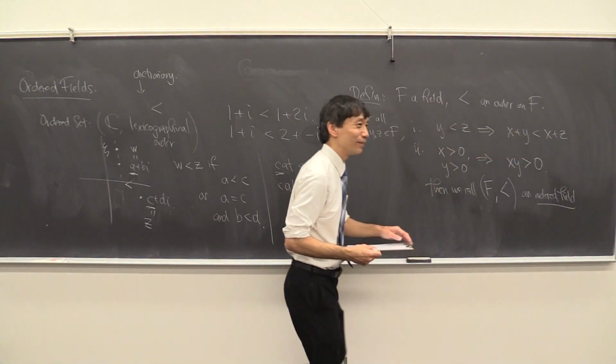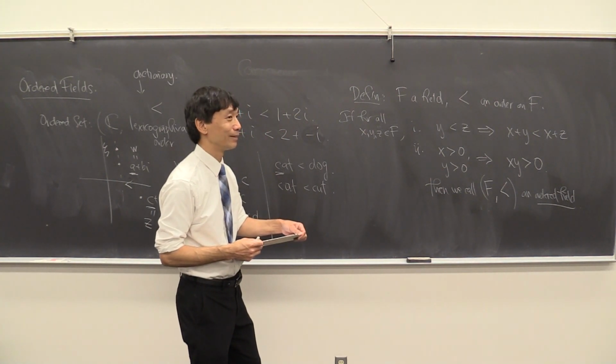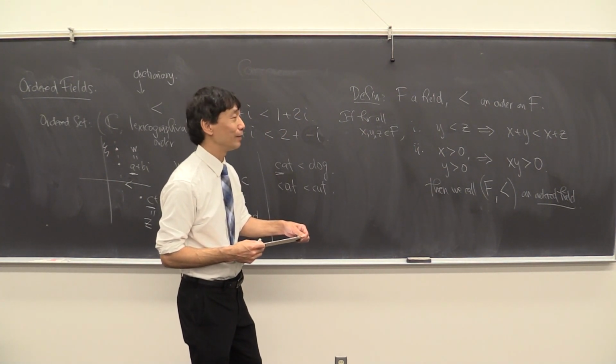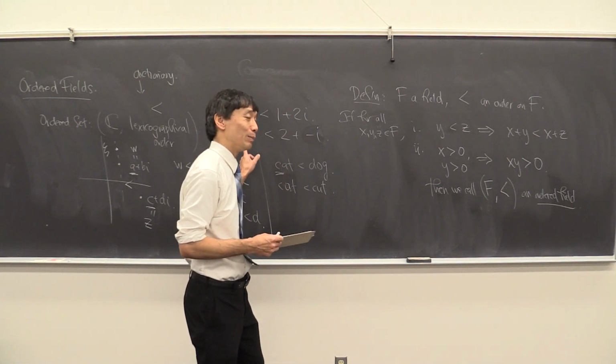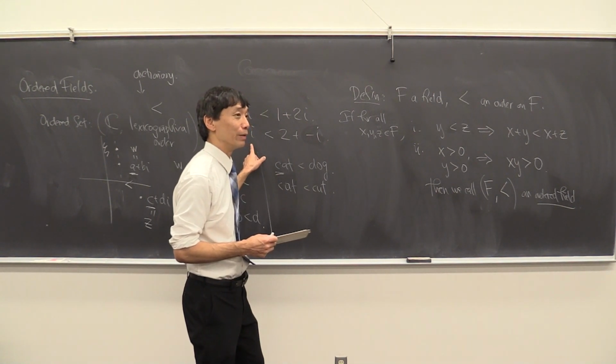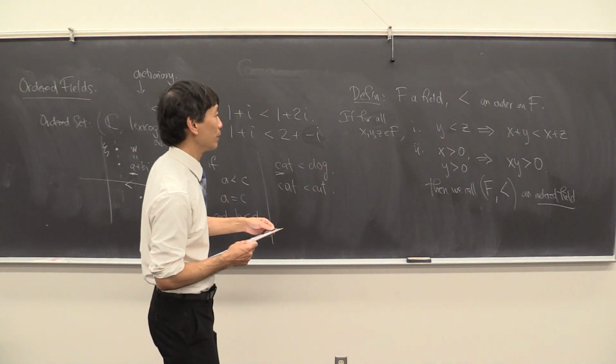Sheldon, can you give an example of when those two things don't apply? Because those just seem like they would always work. So what you're going to see in the homework is that it's actually impossible to make C into an ordered field. There is no order that will cause this to be preserved.